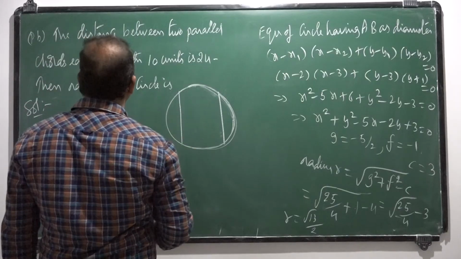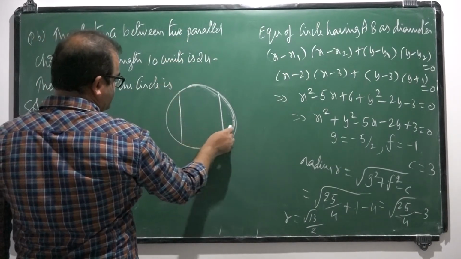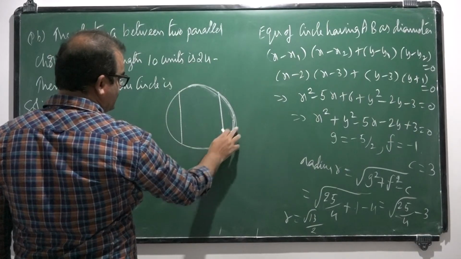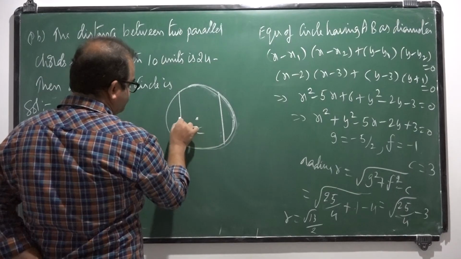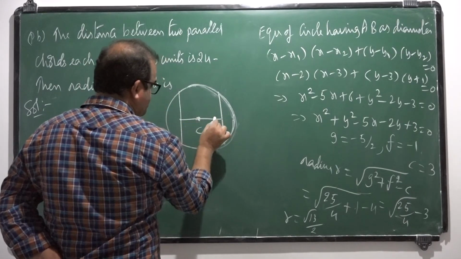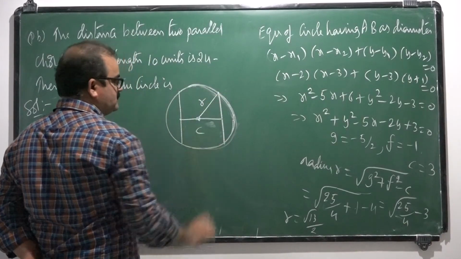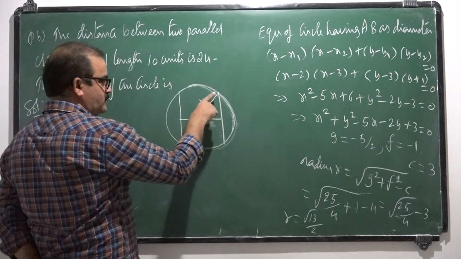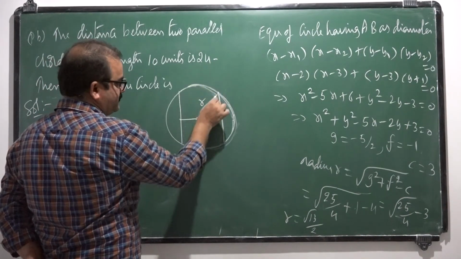What is the length of each? 10 units. Length of each chord is 10 units. Here it is the center. Here it is R. R means the distance from center to any point. This is R.